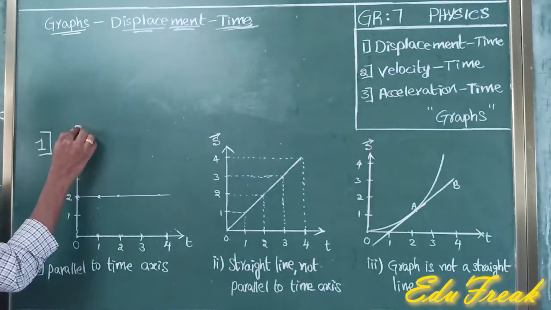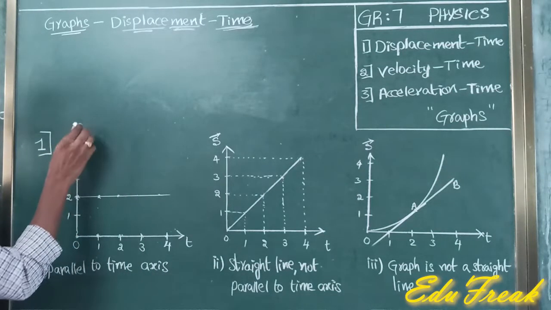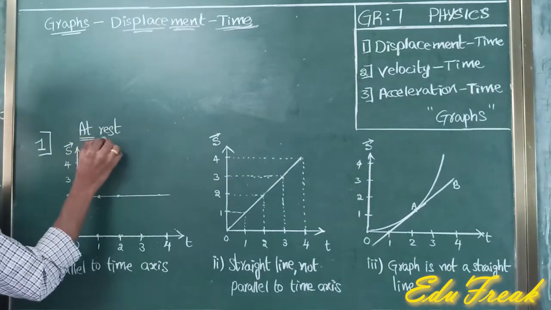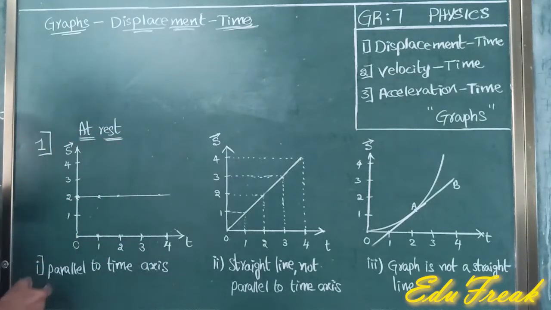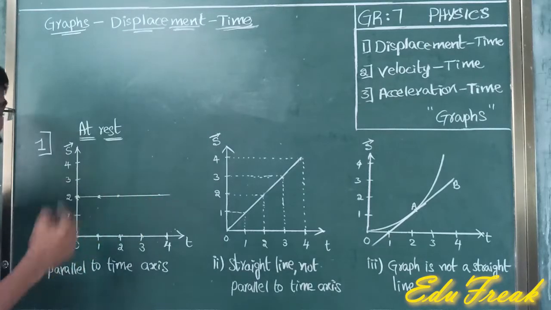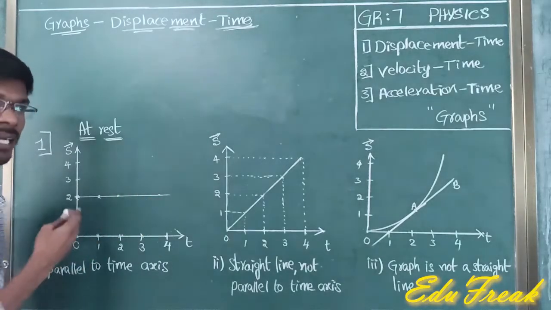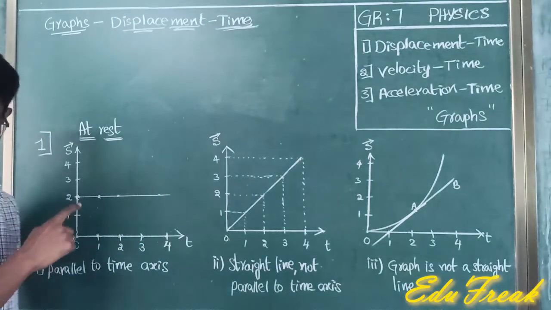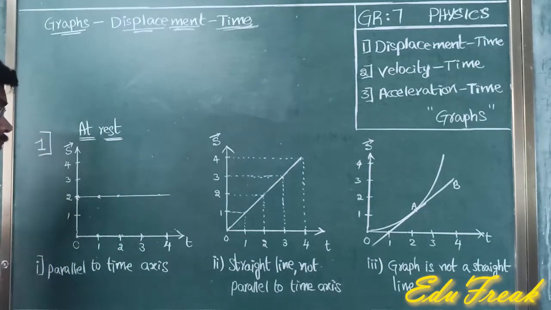So this case is the particle or object at rest. If the object is at rest, as the time changes, there is no change in its position, or the object does not cover any displacement. That is the first one.